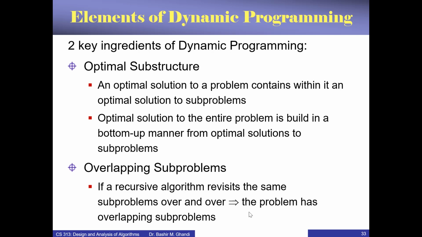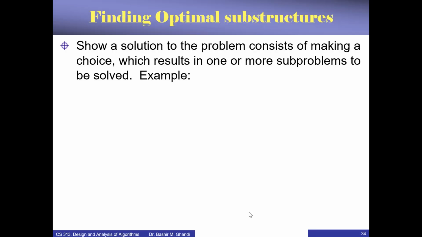These are the 2 key ingredients that you must observe if you are to solve a problem using dynamic programming. They must exist. So how do you find optimal substructure?